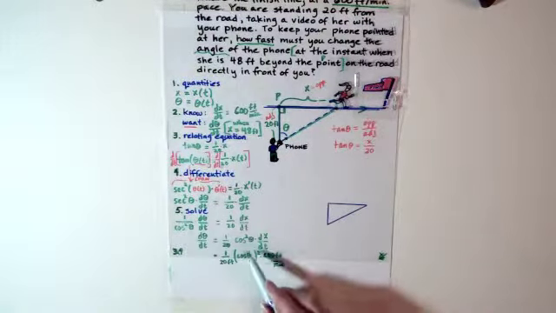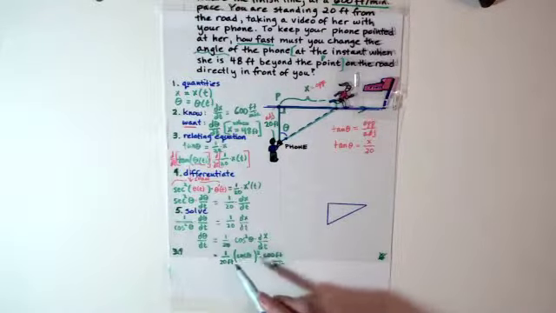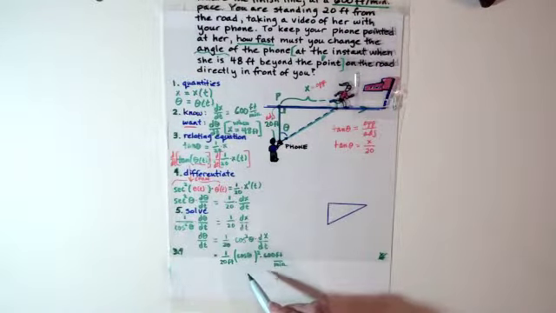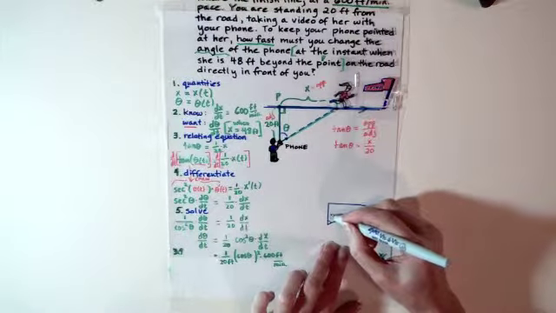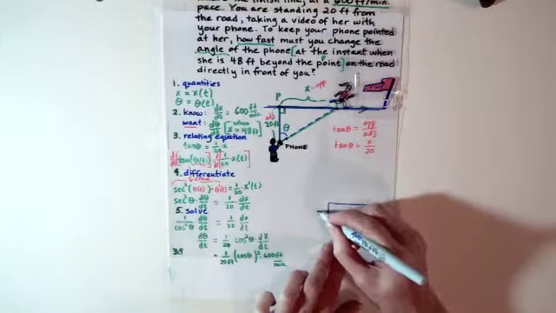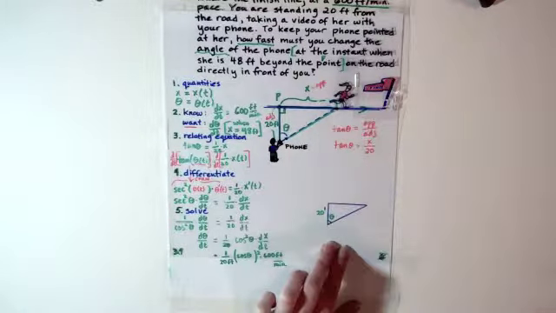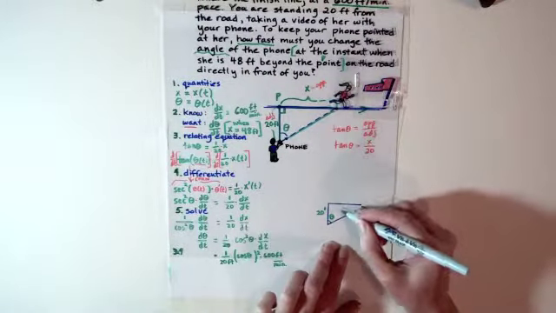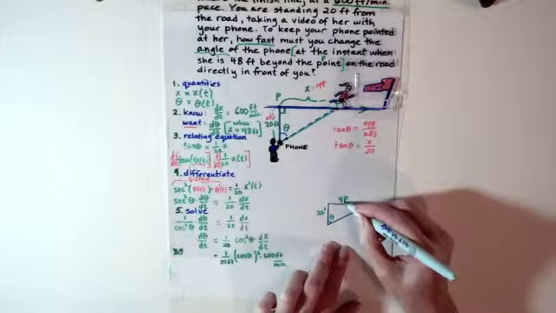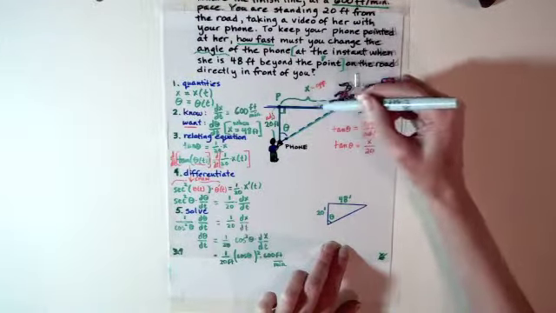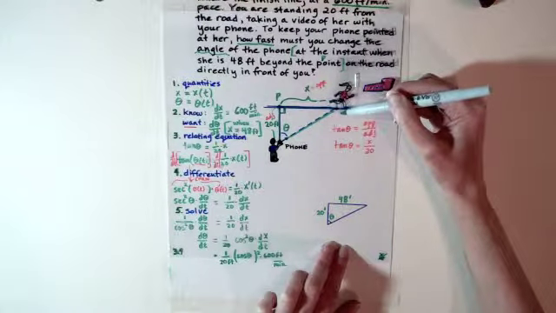Well, how am I going to figure out what this cosine of theta is? I'm redrawing my little triangle down here, here's my theta. I do know that this side is always 20 feet. And I want cosine of theta at the instant when this side is 48 feet, when x is equal to 48.